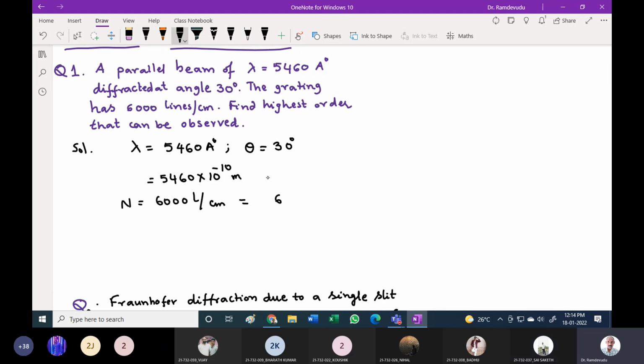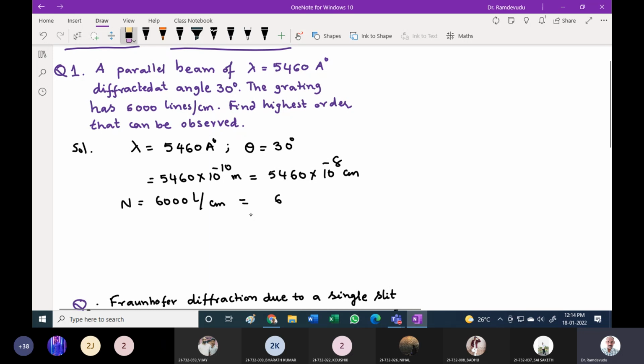Otherwise, you do one thing. If you don't want to convert this into meters, you can keep centimeters. Then I can write lambda is equal to 10 to the power minus 8 centimeters, and there is no problem with this. I can continue with this.